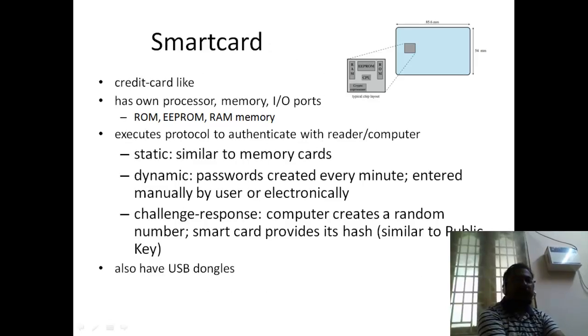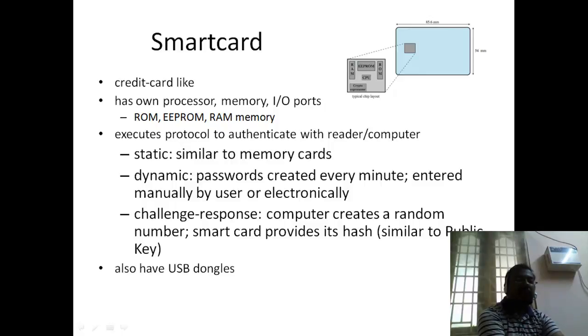So what is a smart card? We discussed earlier. It's like a credit card, with its own processor, memory, and I/O ports, and it has ROM, EEPROM, and RAM memory. All these make up a smart card. The ROM, EEPROM, and RAM are part of the memory of the smart card, along with the processor and the I/O ports. It also executes a protocol to authenticate with a reader or the computer.